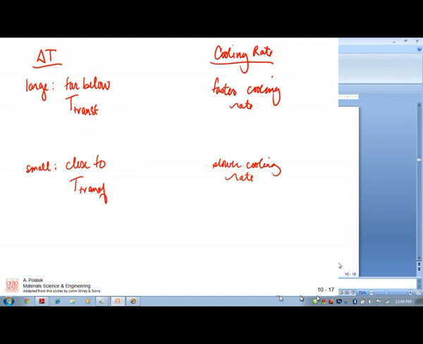Yes. The trade-off between those. Okay, so delta T is the transformation temperature minus whatever temperature we're at. So delta T is kind of like an absolute value measurement of how far we moved below the transformation temperature.